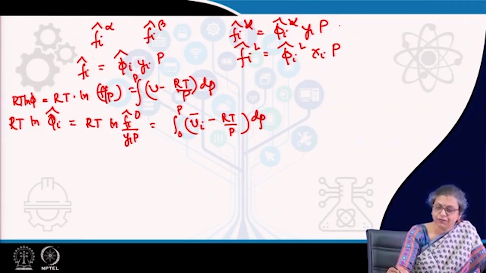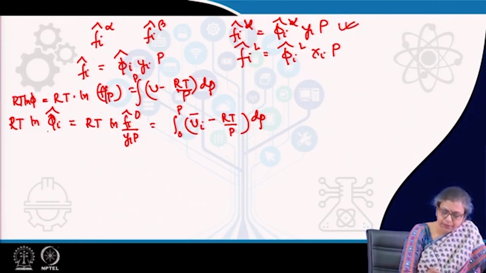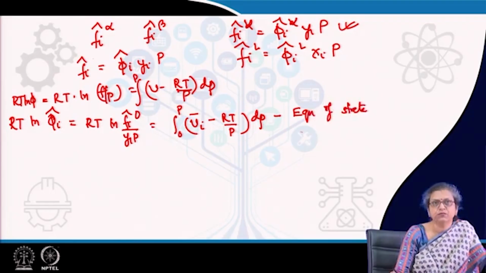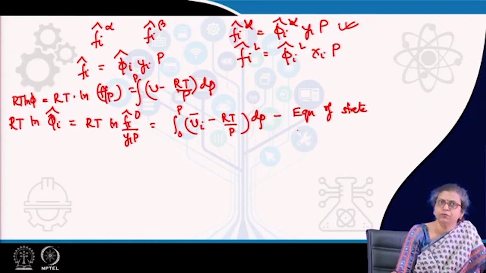Now, for the vapor phase, it can be done. How? The expression can be obtained from here, and we can find this from any equation of state. Mostly for gases we know that they conform to Amagat's law of additive volume and Dalton's law of partial pressure, and therefore the partial molar volume is equal to the molar volume of that component.